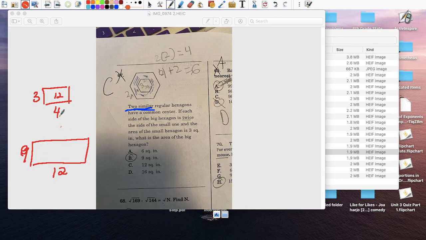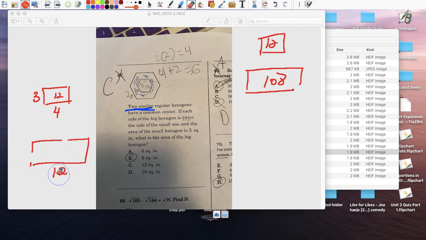And if you take the area of the larger one, 9 times 12 is 108. So let me just write this down. The smaller one's 12 and the larger one is 108. Now let me remove some. So let's pretend the question said you don't know the area of the large one. You don't know this. You don't know that. But they tell you that the sides are 3 times longer than the original.